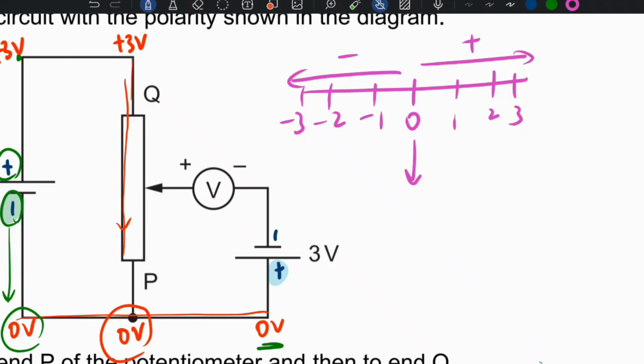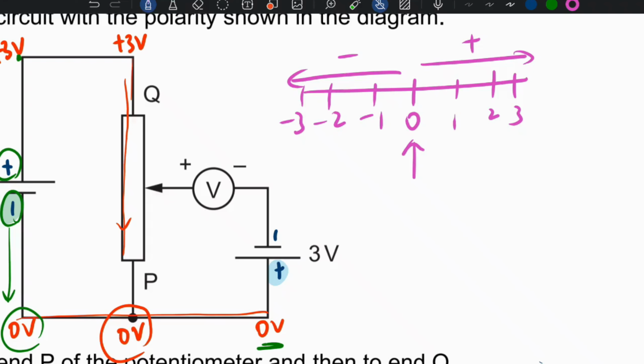That means my higher potential should be something more positive, something more than 0. Because I say my lower potential is 0, so my higher potential should be something more than 0. Now what if I say my 0, I want to set it to be my higher potential.